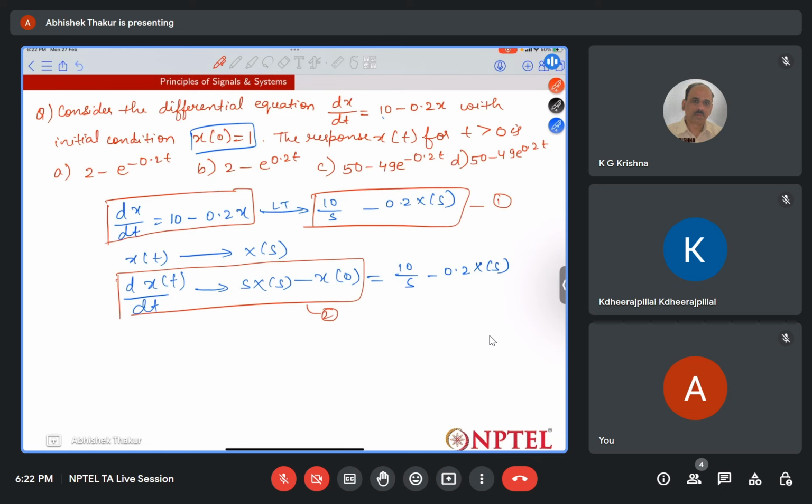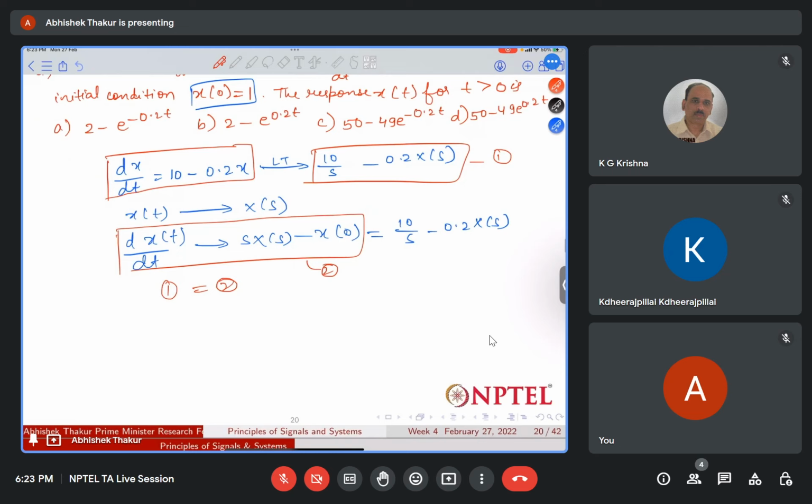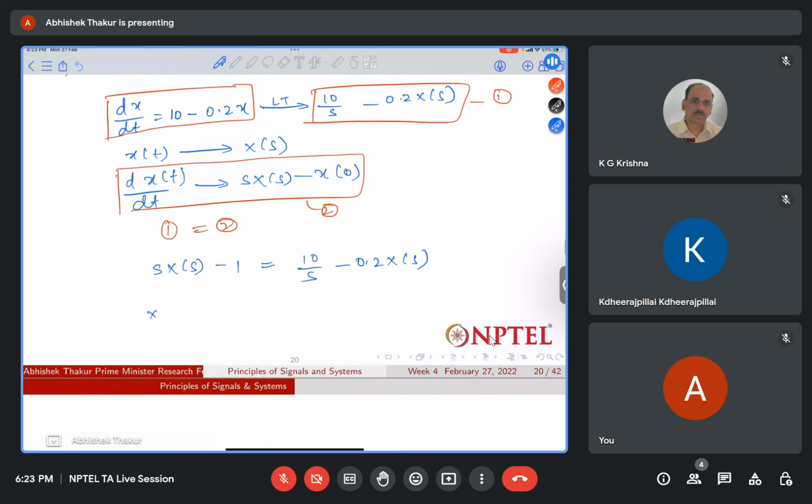Now we have equated 1 and 2 because both are dx/dt. So 1 is equal to 2. We have got s into X(s) minus x(0), where x(0) is 1, that is equal to 10 by s minus 0.2 X(s). Now take X(s) to one side.